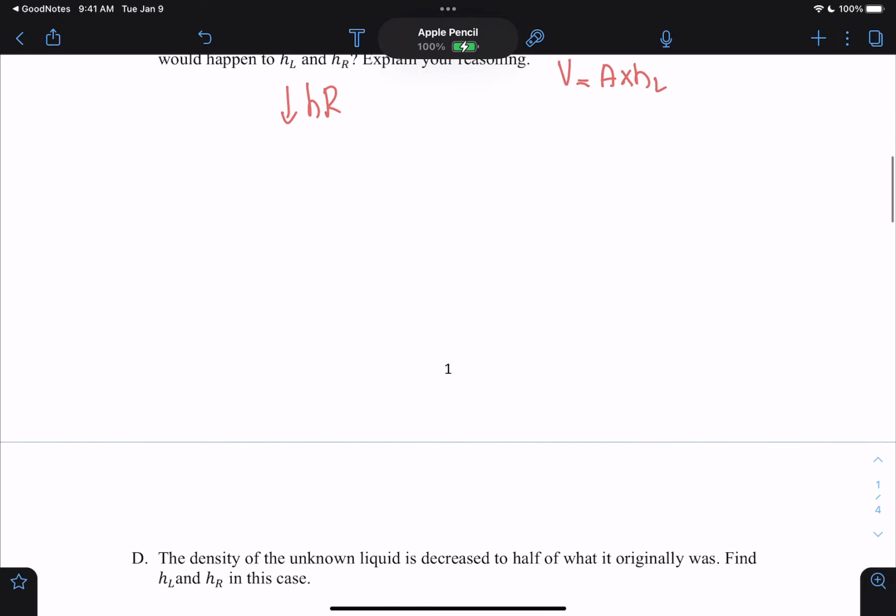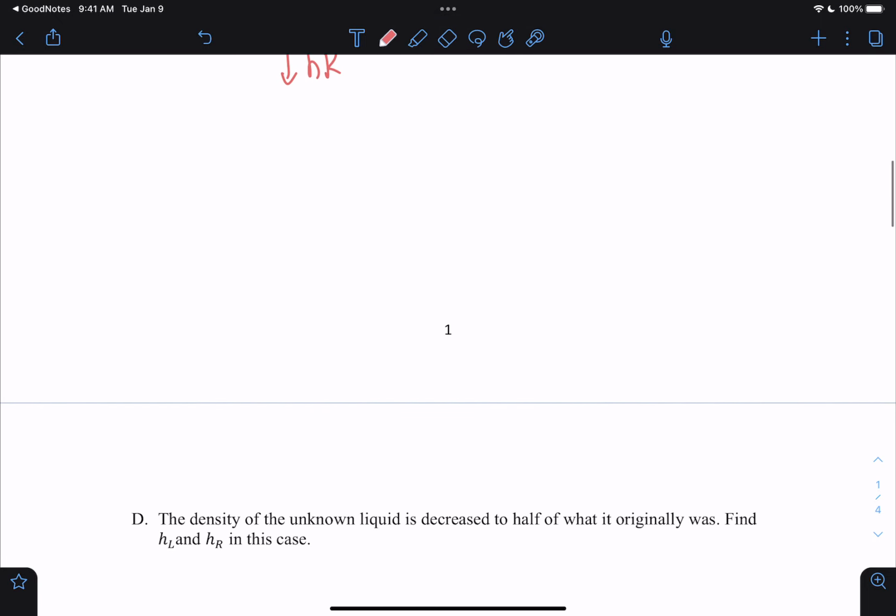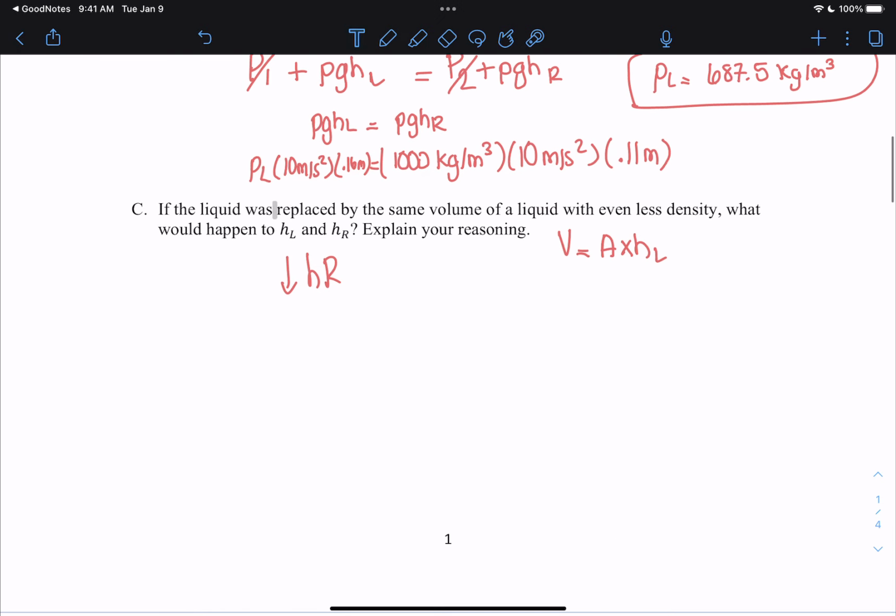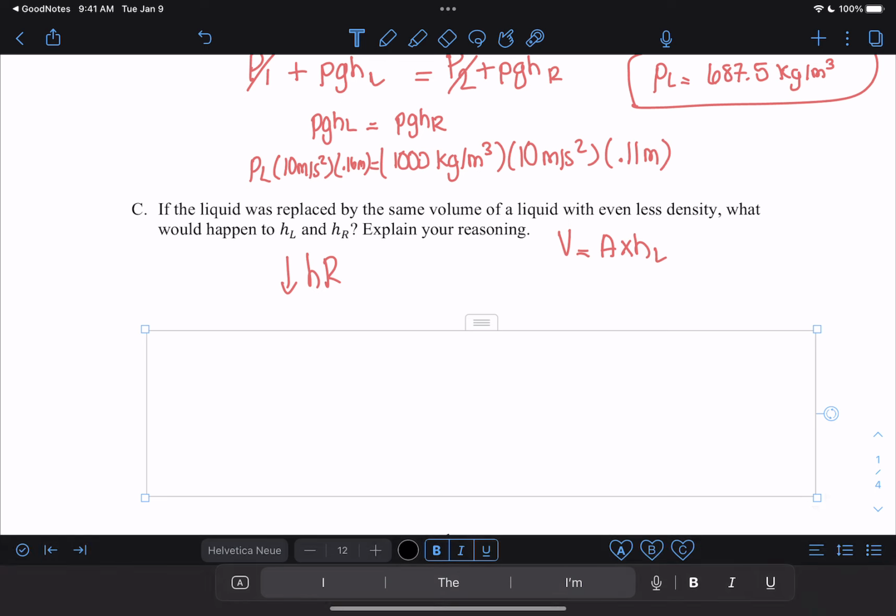Let me actually type it up here just so you can have a very nice, neat and organized explanation for that.